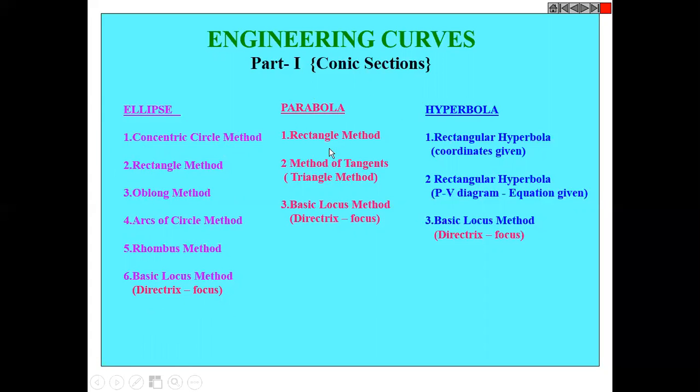Same in the parabola: first the rectangle method and second the basic locus method or directrix focus method. In the hyperbola, the important methods are the rectangle method and the basic locus method or directrix focus method, as per the SPPU syllabus.